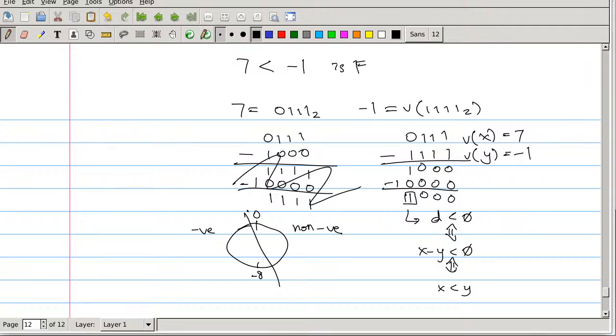Okay, so what we have in this case is we have a 7 here, but to subtract -1 from 7 is to add 1 to 7. So we went in this direction. We went from 7 to -8 because we ran out of bits to represent the actual answer of +8. Okay, so in both cases, this doesn't work either.